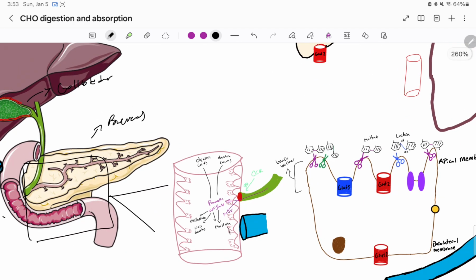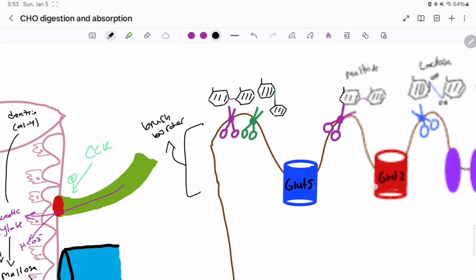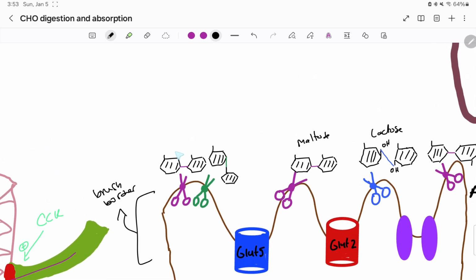But when I'm eating food, I'm not just eating that, right? I'm eating other sorts of carbohydrates, and with it comes things like sucrose, lactose, okay? And all that other stuff. So those guys are also going to get digested, okay? For example, this molecule here is sucrose.